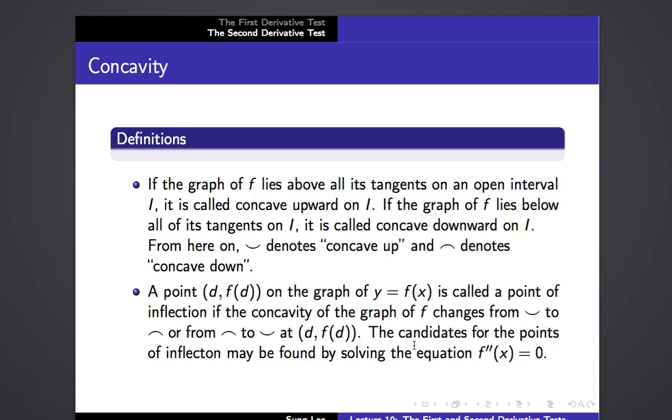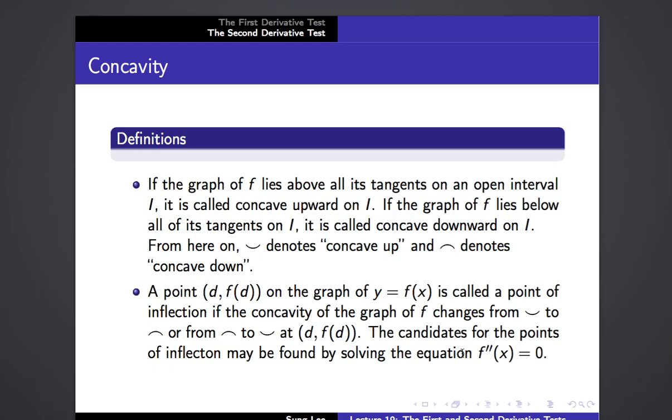And the candidates for the point of inflection may be found by solving the equation f double prime of x equals 0. Why is that? You're going to see that in a moment.